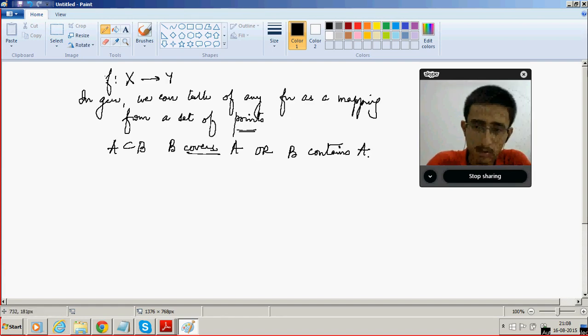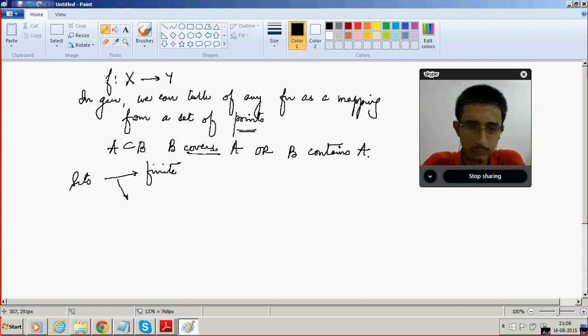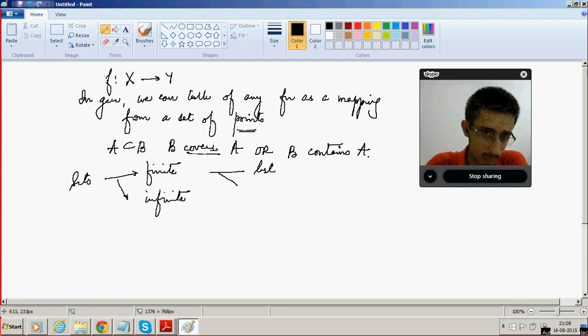Okay, now apart from that, when we talk of functions, we'll talk of sets. So sets, we know, can be finite or infinite. Now finite sets can be listed or can be written in a roster form. A set consisting of, let us say, 1, 2, 3, 7, can be explicitly listed. The members of the set can be listed.